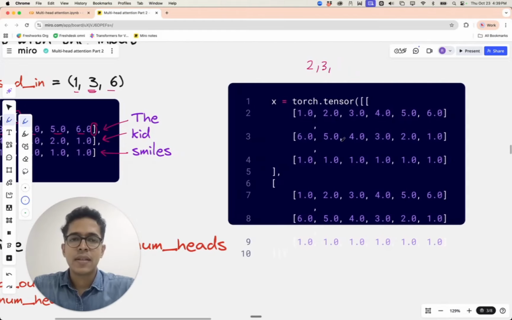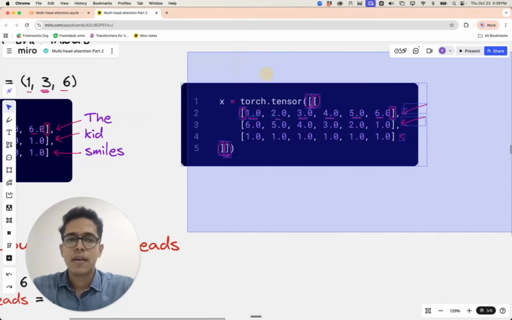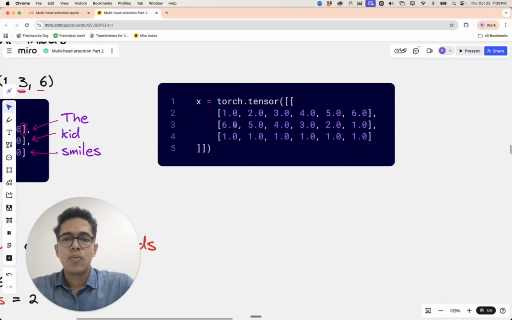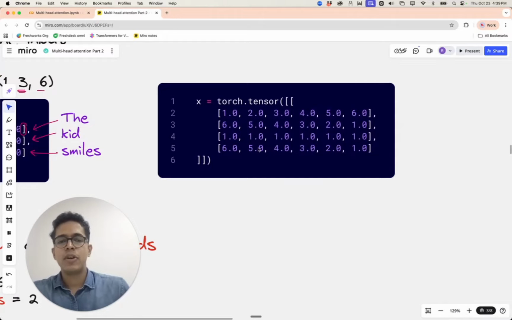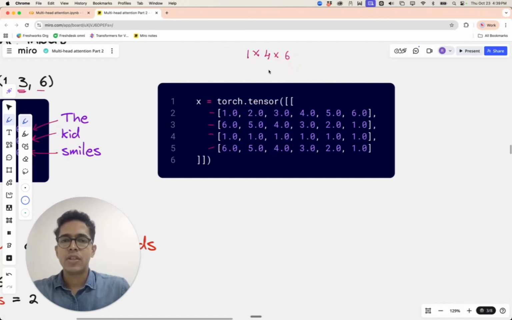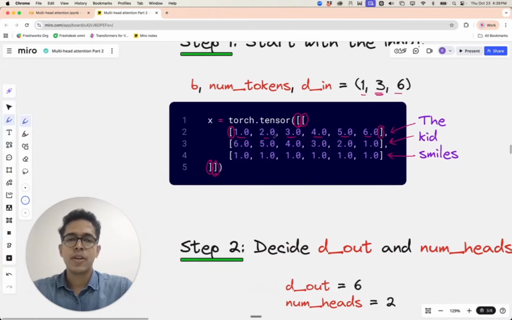What if I copy pasted something like this? Then this would have been of dimensionality 1 by 4 by 6, because you now have 4 vectors, each of dimension 6, but you have 1 batch. All right, so this is how you can make sense of these tensors.